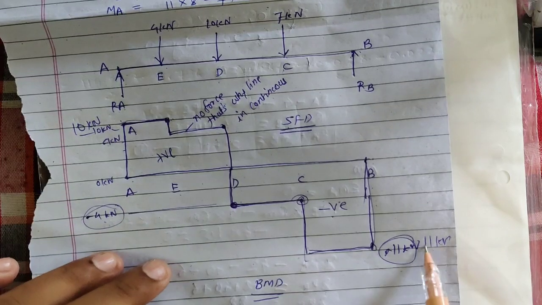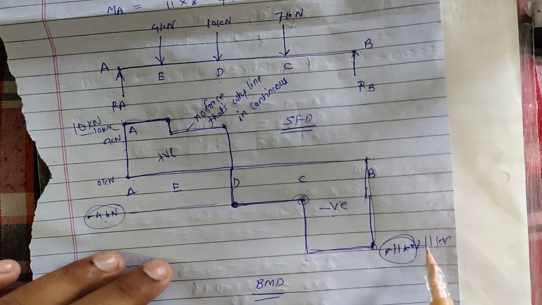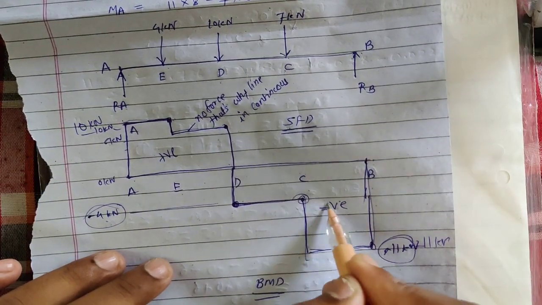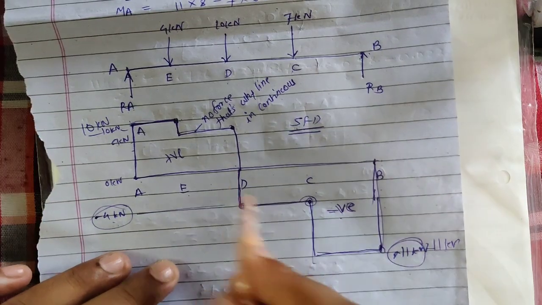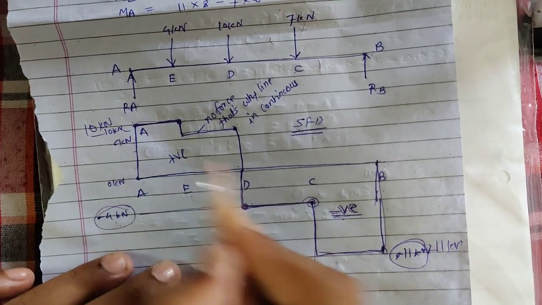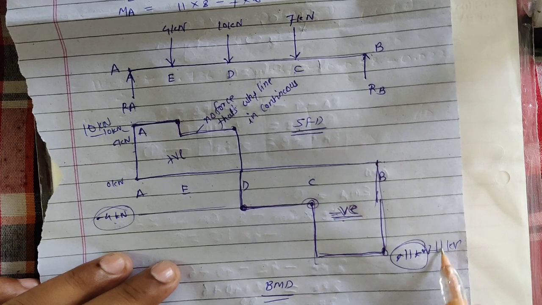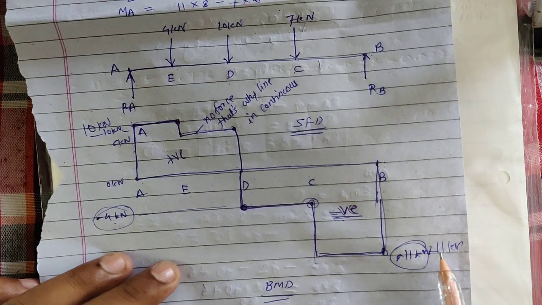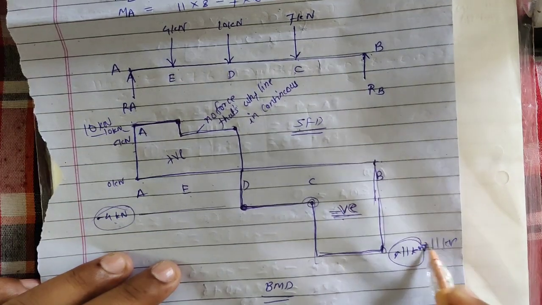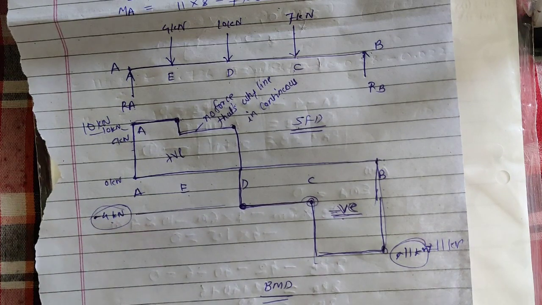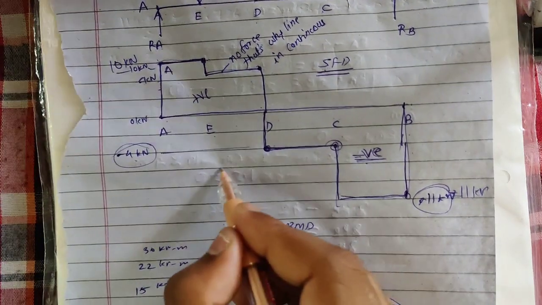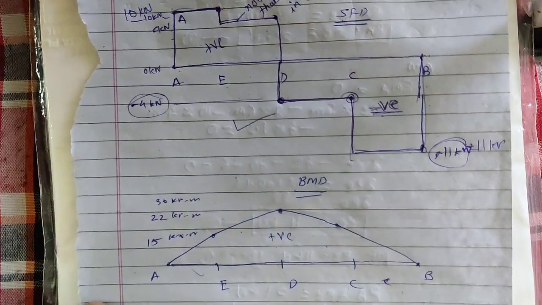You can write minus, or you can just note the negative and positive signs and put only the values. There is no issue either way. So my SFD diagram is completed.